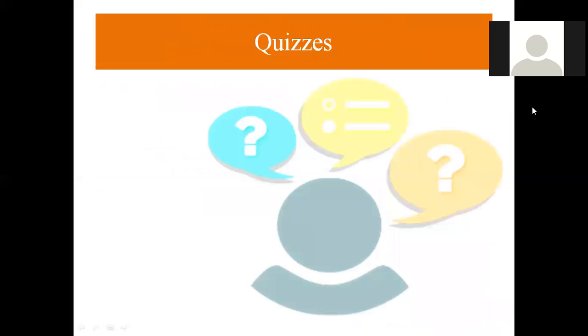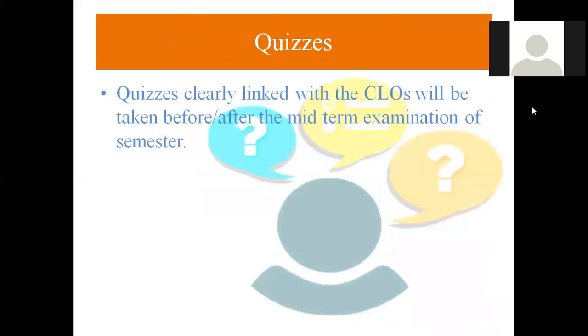So now third part of assessment instrument is quizzes. So quizzes clearly linked with CLOs, means you have 4 CLOs, so maybe quizzes are 4 or maybe 5. Quizzes will be taken before or after the midterm examination of semester. 1 or 2 quizzes may be taken before midterm, and 2 or 3 quizzes taken after midterm examination.